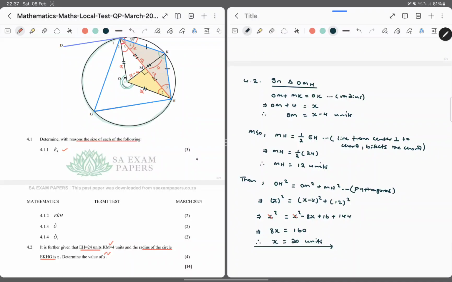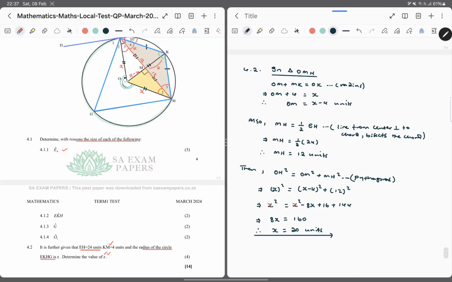So a very simple question, but the steps are necessary, because as we zoom into that triangle, remember we were not given the dimensions entirely. We only knew the radius, but we didn't know that side. We have to justify why we write what we write.